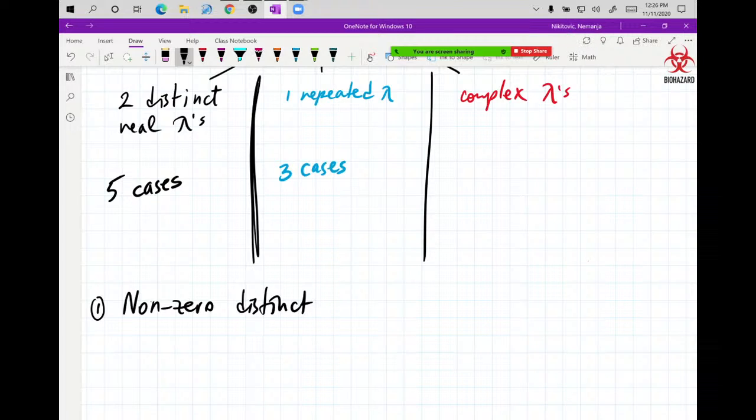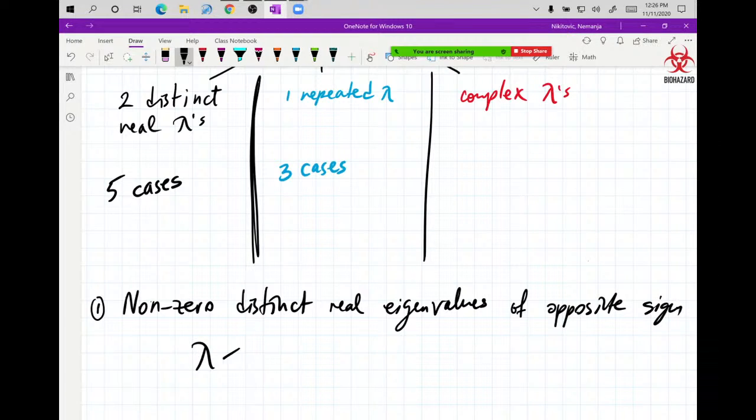So non-zero distinct real eigenvalues and of opposite sign. So that's just saying lambda 1 is less than 0 and lambda 2 is more than 0.